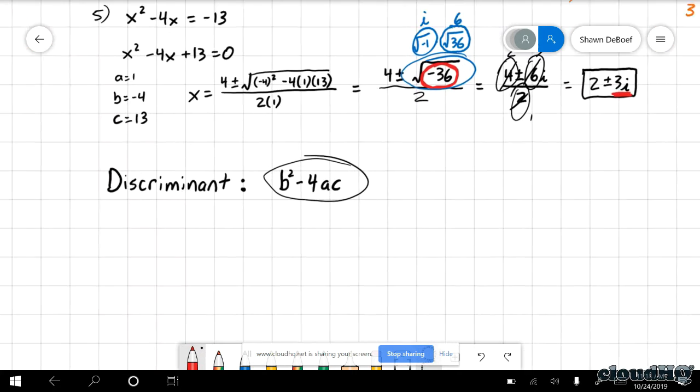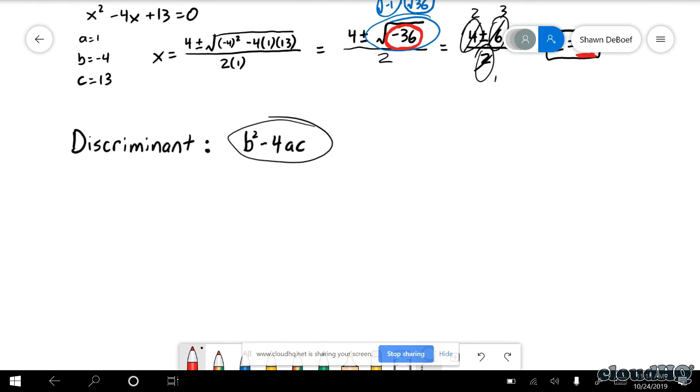So what we can now do, based off of that discriminant, is if we were just curious what type of answers they were, but I don't care so much about what the answers are, just the types, we can discern that without doing the entirety of the quadratic formula. If b squared minus 4ac, let's categorize these.